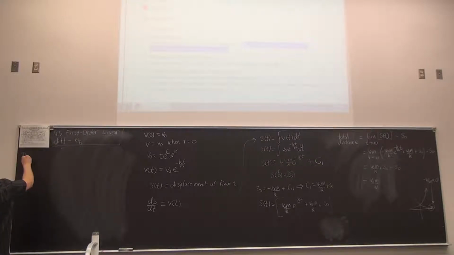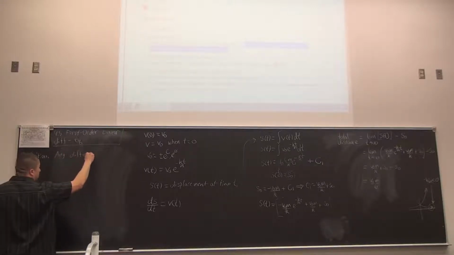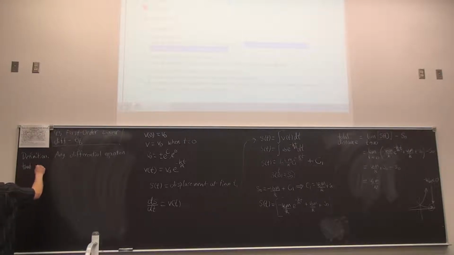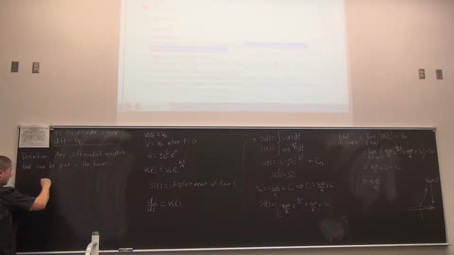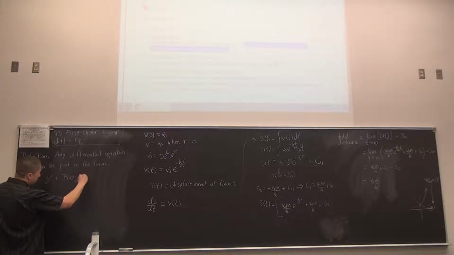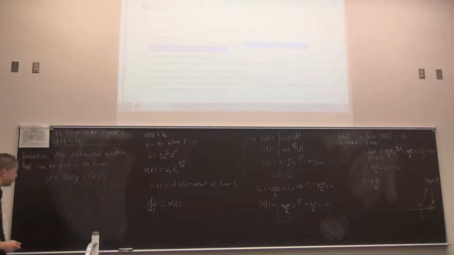I'll start off with the definition that says any differential equation that can be put in the form y prime plus p of x, think of it as f of x, just some function, times y equals another function q of x. So these are going to be the objects which we'll study.